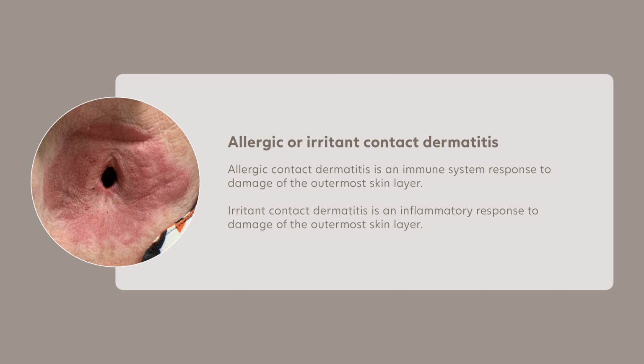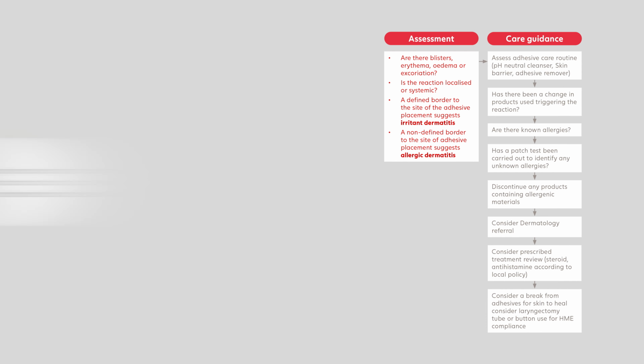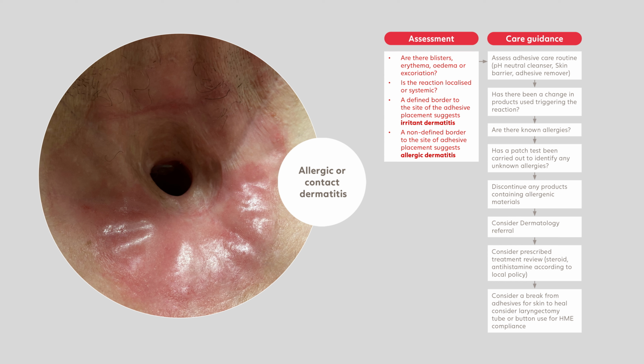Allergic contact dermatitis is an immune system response to damage of the outermost skin layer. Irritant contact dermatitis is an inflammatory response to damage of the outermost skin layer. A defined border where the adhesive has been sitting suggests irritant dermatitis.